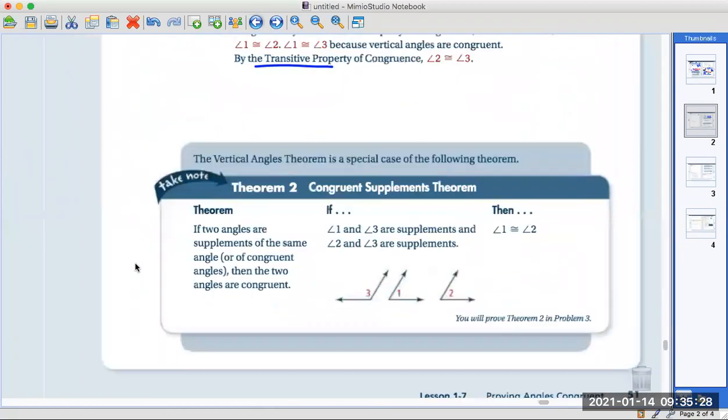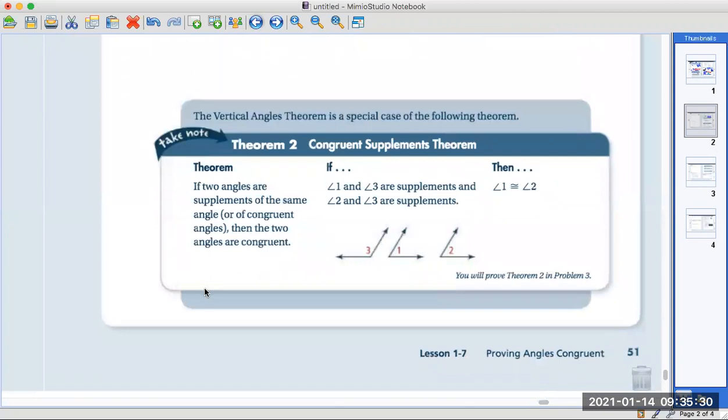All right, on the bottom of this page 51, there is a theorem, congruent supplement. Remember supplement? Remember what I said, the sum of supplementary angles is always equal to 180 degrees.